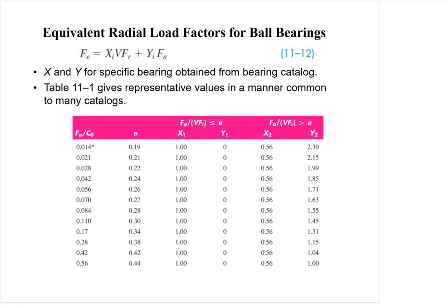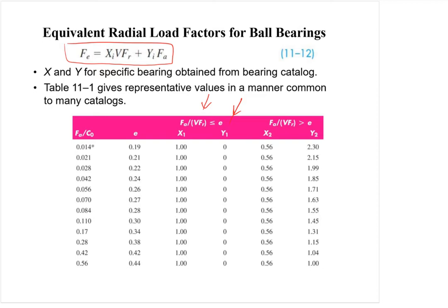You can see that in this equation, the way they've combined it, they have Y1 equals 0 if FA over VFR is less than E. So that just devolves down into the straight line again, FE equals VFR.